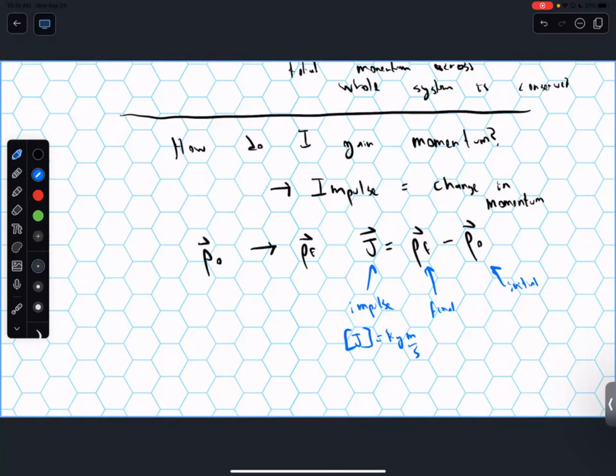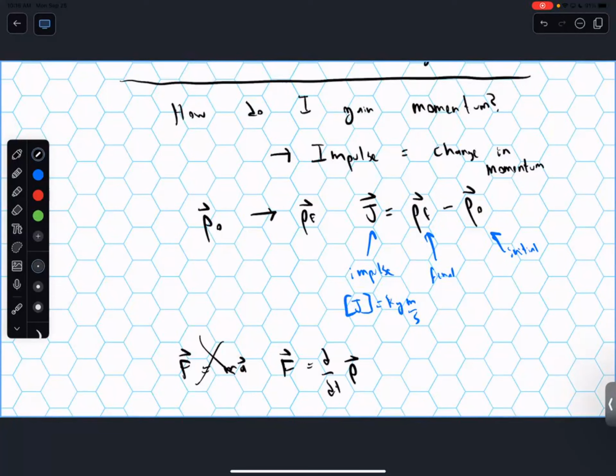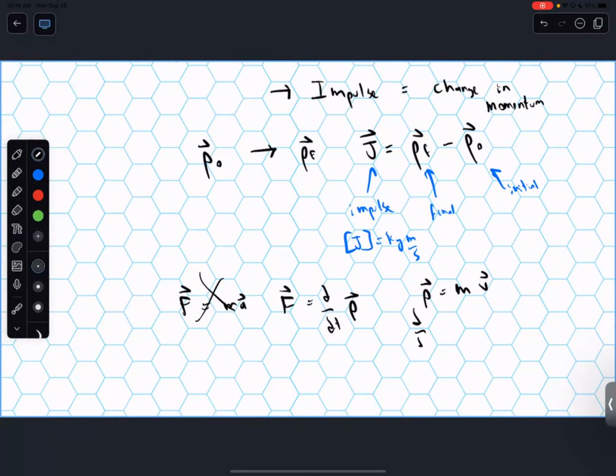We grazed by this concept quickly because we weren't using momentum then, but it ends up being pretty important here: force technically is the time derivative of momentum, or any change in momentum over time. To see where you get this, if p equals mass times velocity, I take the derivative, d dt of p equals d dt of m times v.